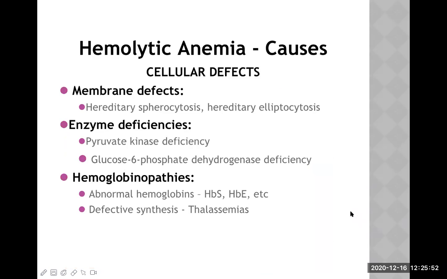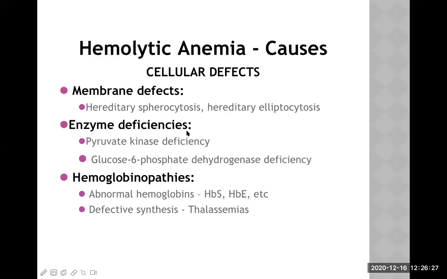Let's move on. Now, in the beginning, let's talk about the classification of hemolytic anemia, or you can call them causes of hemolytic anemia as well. So what are those? They are either cellular defect or intracorpuscular defect, or extracellular defect or extracorpuscular defect, whatever way you want to say. So the first is membrane defect, and among them hereditary spherocytosis and hereditary elliptocytosis are good examples.